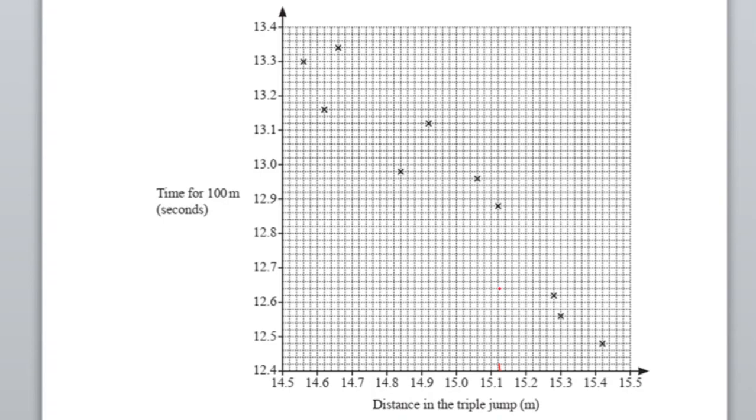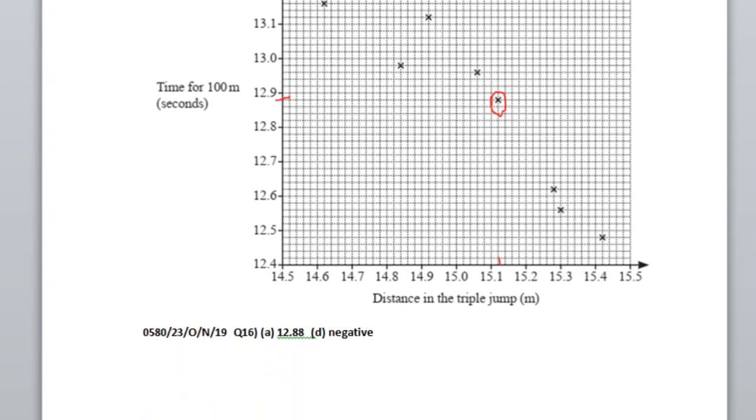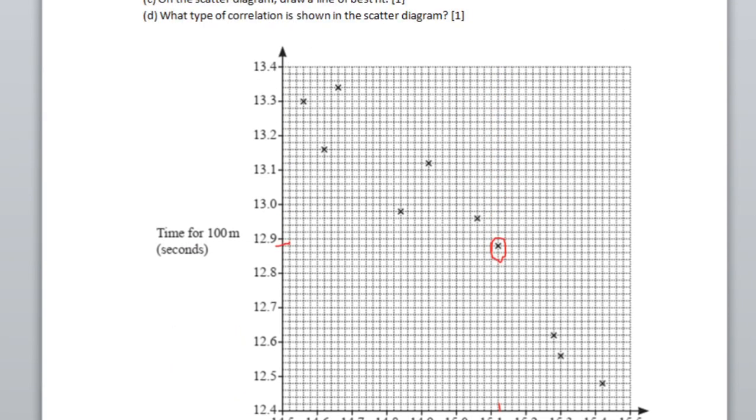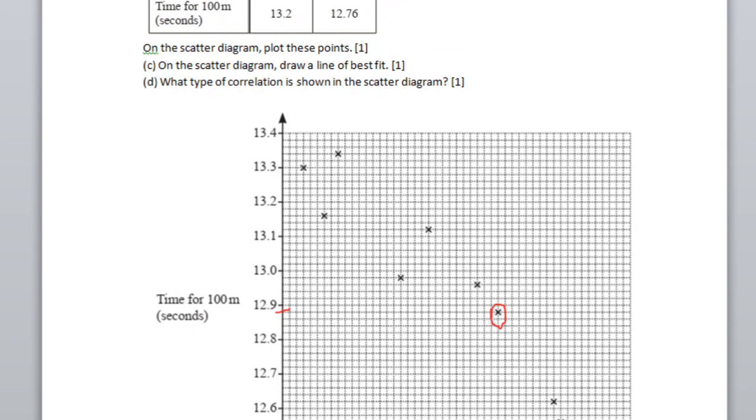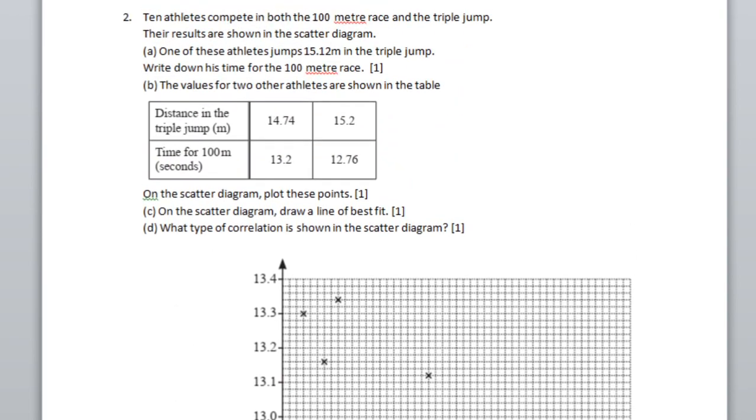So when we have 15.12 on the x-axis, what do we have on the y-axis? We have this value on the y-axis, which is 12.88 seconds. 12.88 seconds is the answer for part A.